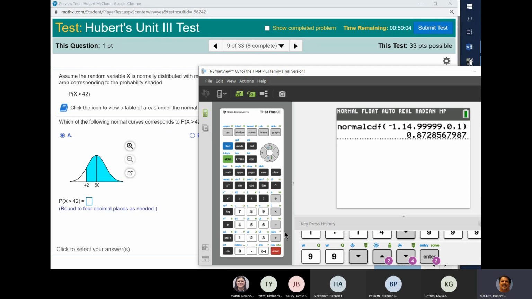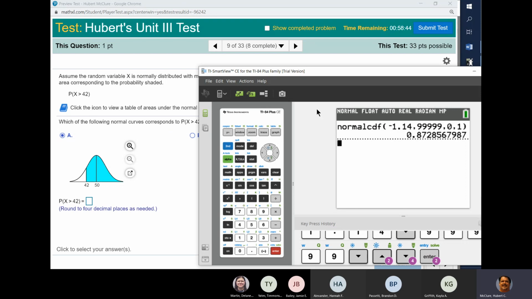So therefore, just to show you, the pink would be, well, let's see, 0.1271, which is the complement of 0.8729.